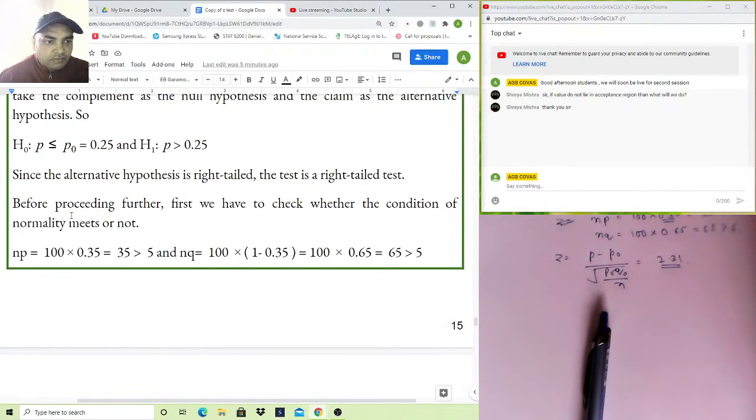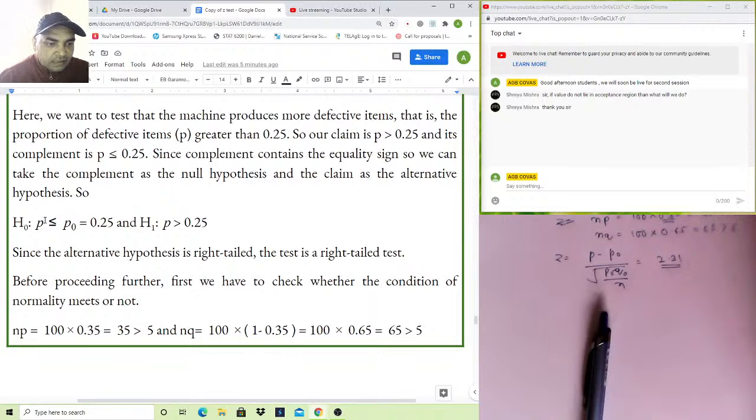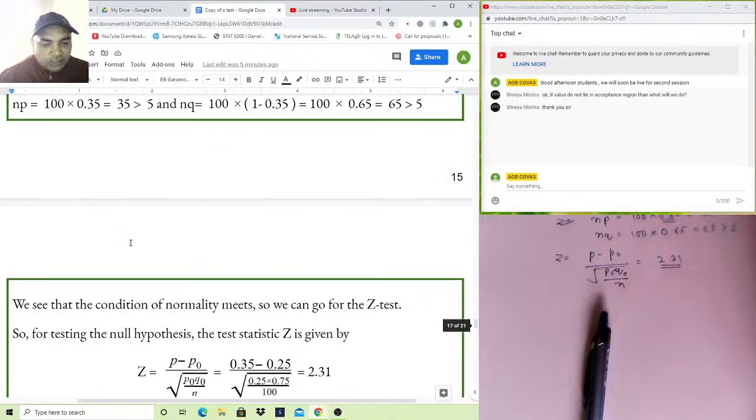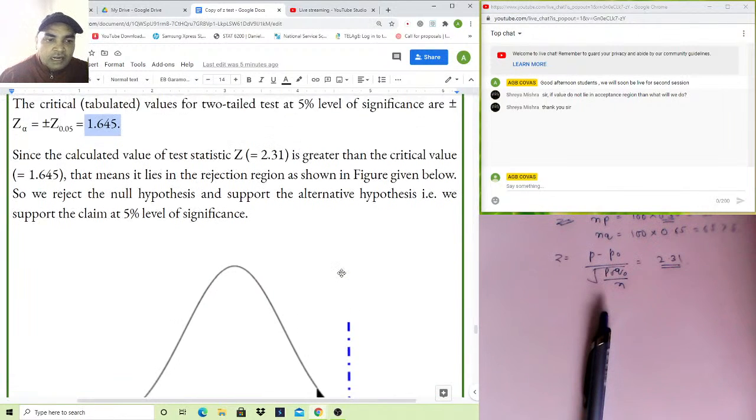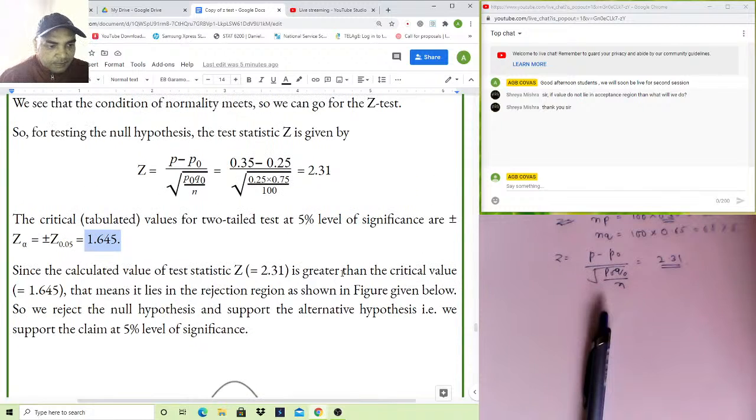Because we are testing against the null that P is less than or equal to 0.25. So our 2.31 is far ahead of the 1.645 critical value. So this 2.31 lies in the rejection region, and our null hypothesis is rejected and our alternative hypothesis is accepted.